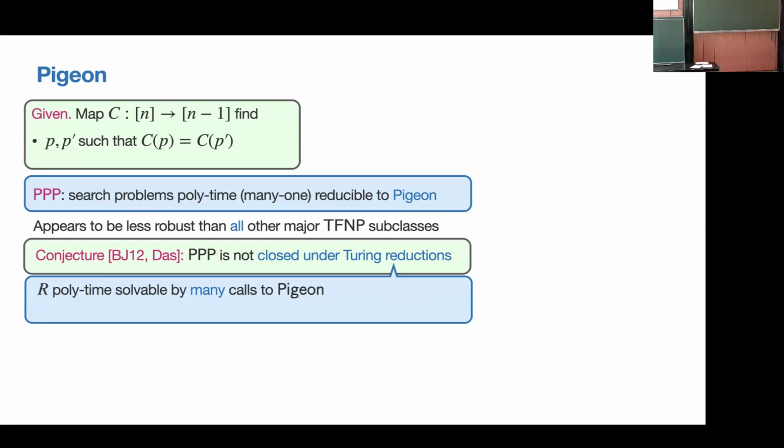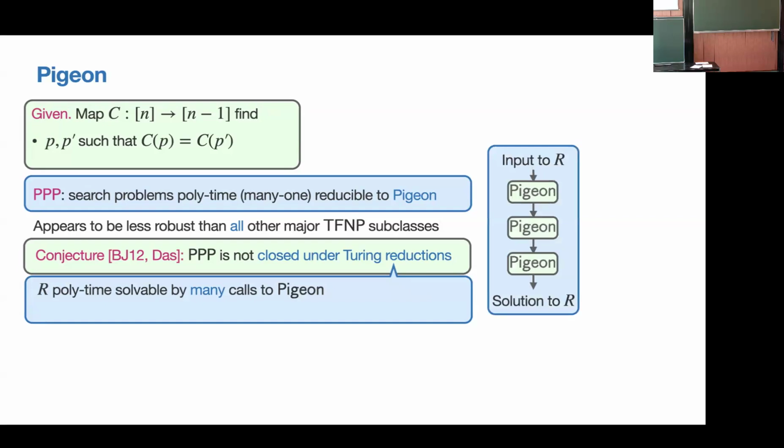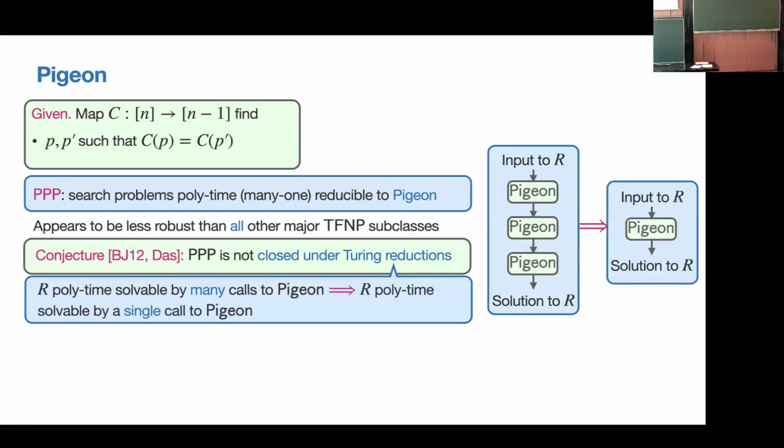Roughly, it means that if I can solve a problem R by many calls to pigeon, where you take an input, define an instance of pigeon, solve that instance, define a new instance, and so forth, and finally get a solution to R, then this means that it's many-one reducible to pigeon, so you can solve it with a single call.